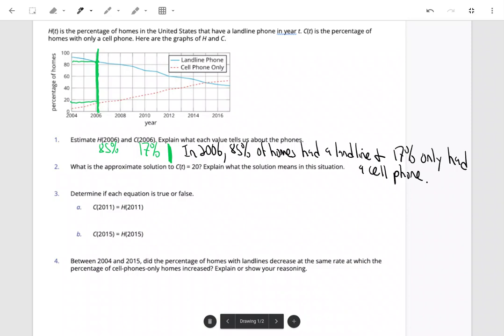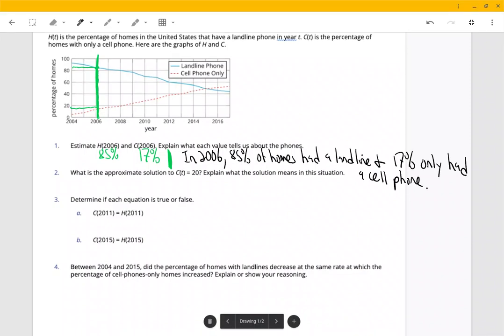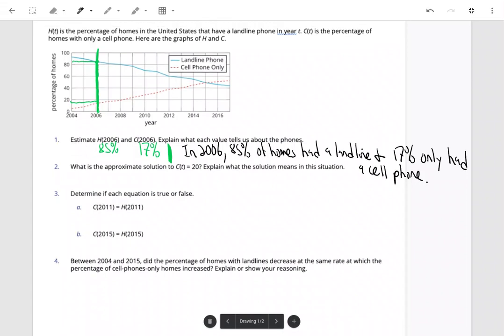Number two, what is the approximate solution to C of T equals 20? So we are looking for the value of the function or the input value that gives us 20. So C is for cell phones, so that's the dashed line.